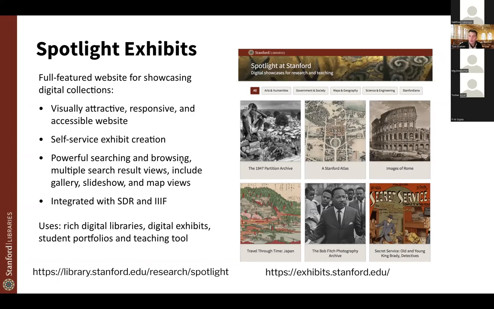So through the creation of digital exhibits, curators, students, faculty members, and researchers can select any subset of materials from our digital repository or load materials from other environments and other institutions via IIIF into Spotlight, and they're able to create their own context.